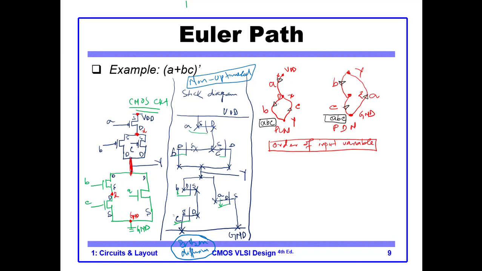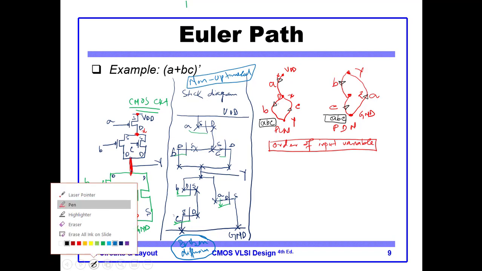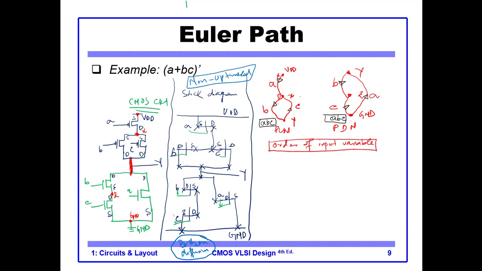There can be another solution. For example, let's say that I want a different path. Okay, so let's say I start from C. Last time I started from A, so now I start from C. If I go from C, let's say, to A, I cover this edge once.